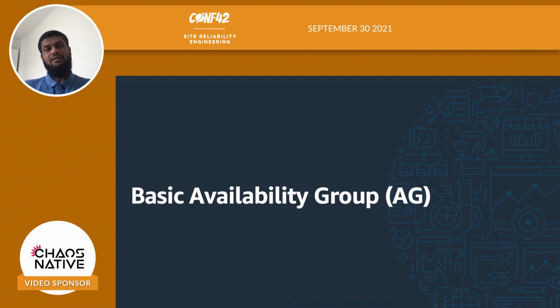Now let's look at the basic availability groups, the AGs. We looked at the HA and the disaster recovery in terms of what SQL Server or the underlying storage level has to offer. Now there is something called availability groups, which Microsoft introduced in SQL Server 2012 to take care of mirroring, as mirroring is, as we all know, deprecated from 2014 onwards.